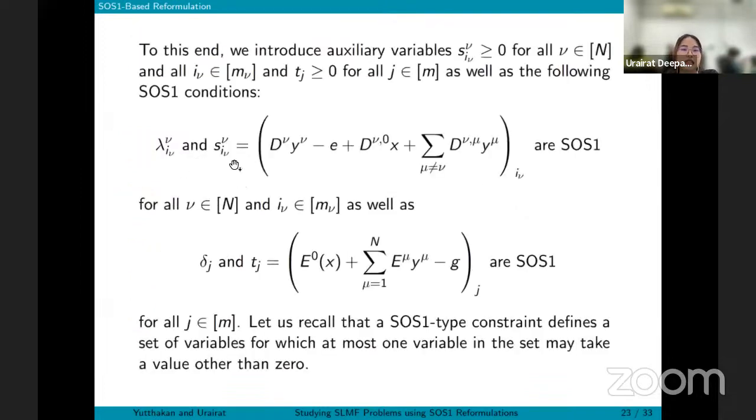Okay, they define lambda nu of I nu and S nu of I nu equal to this slack variable, and delta J and T_j equal to this slack variable.